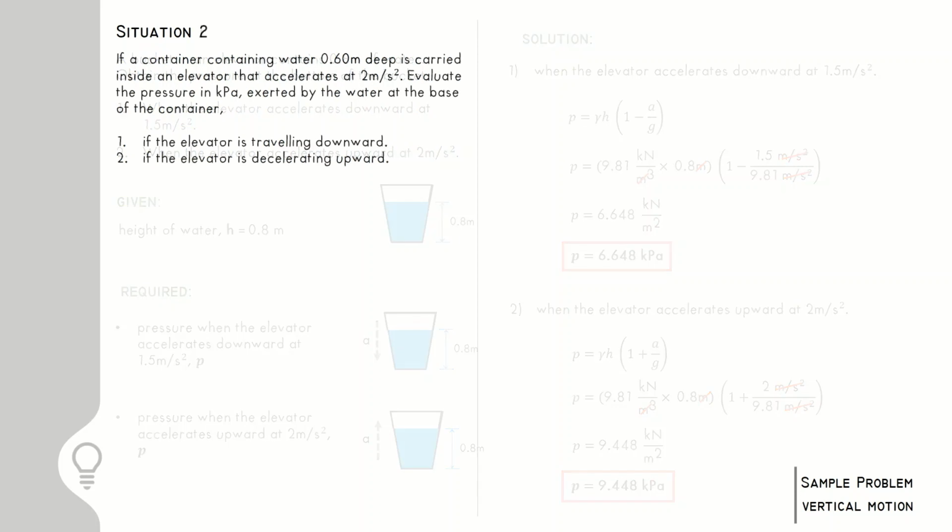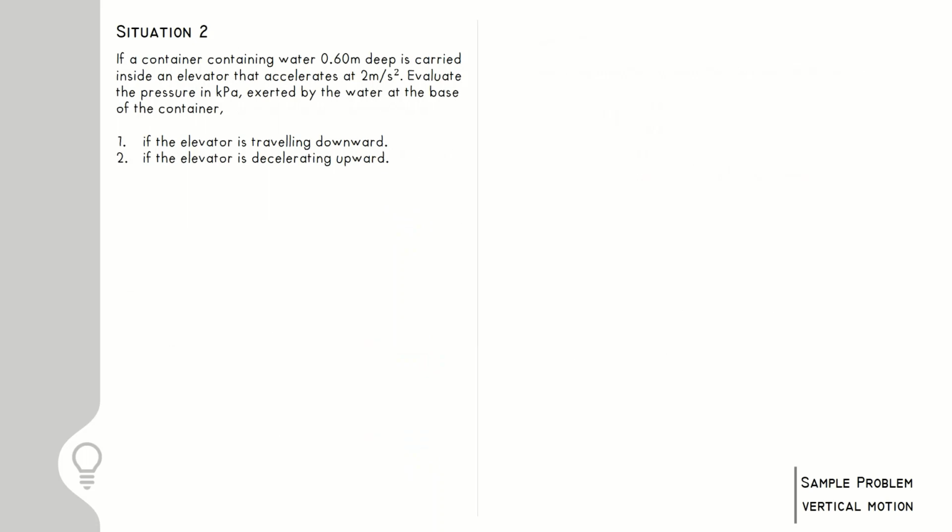So let's have the second situation for vertical motion. The problem states that a container containing water 0.60 meter deep is carried inside an elevator that accelerates at 2 meters per second squared. Evaluate the pressure in kilopascal exerted by the water at the base of the container if the elevator is traveling downward and if the elevator is decelerating upward.